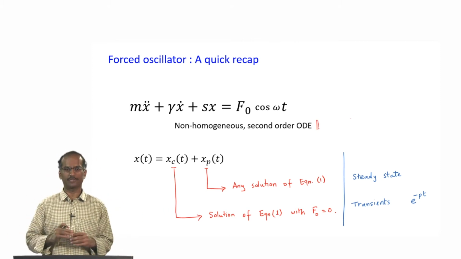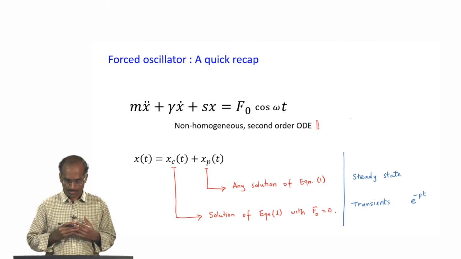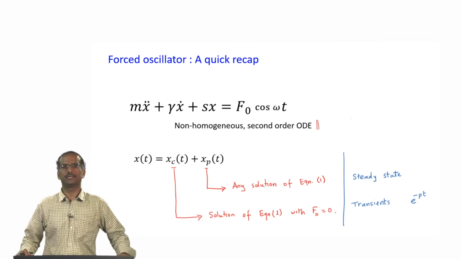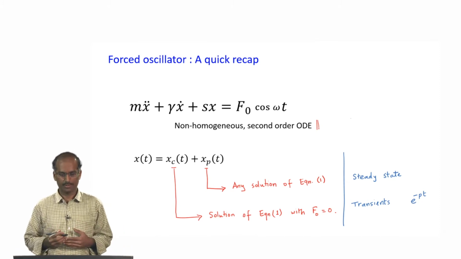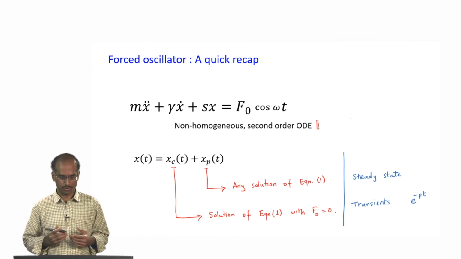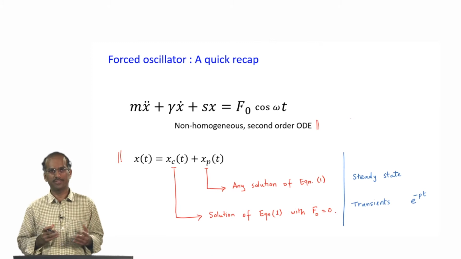So, it is a class of differential equation, and we know from mathematical considerations that equations of this type have two parts to their general solution, which is shown here. So, x of t is the general solution.